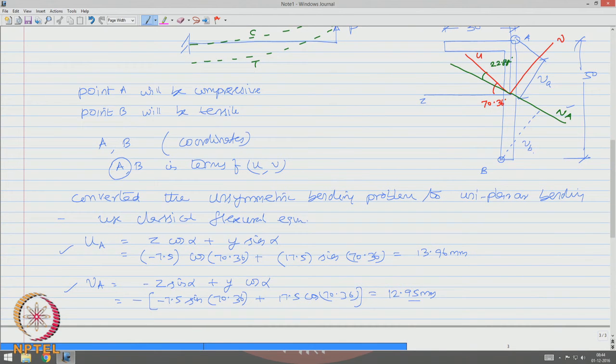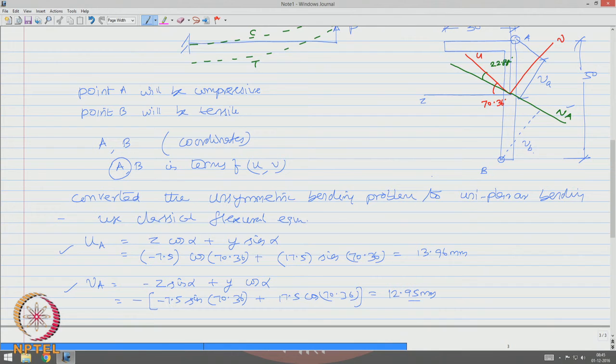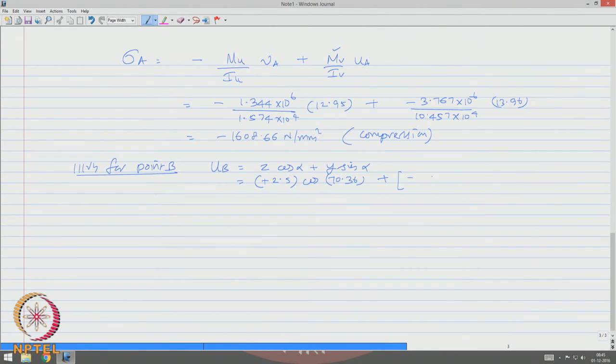You can see here this is the point we are looking at, it is going to be plus 2.5 cos 70.36 plus minus 50 minus 17.5 of sin 70.36.